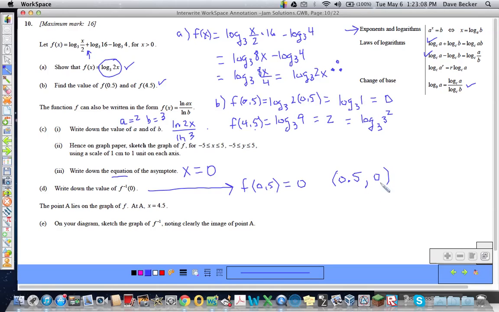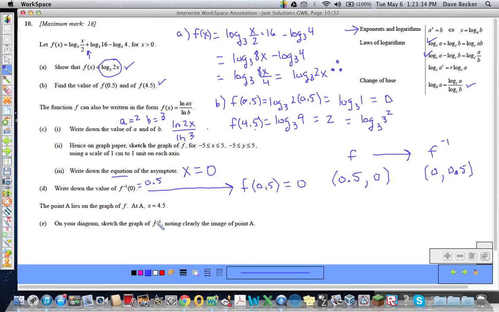So this is for f. If I transform this to the inverse, then I get 0, 0.5. That's why they said write it down. You should be able to use something or at least see it. So that would just be f inverse of 0 equals 0.5.